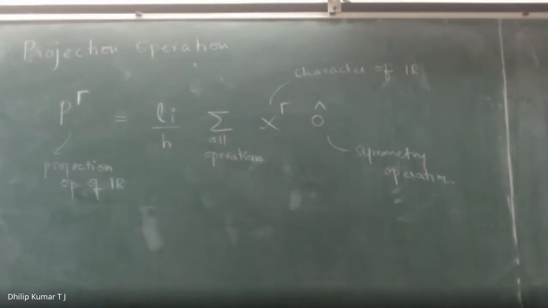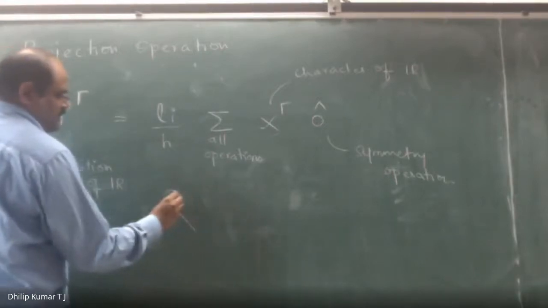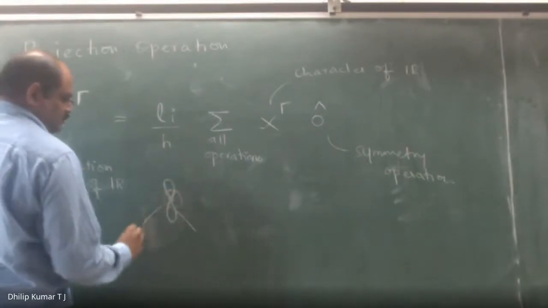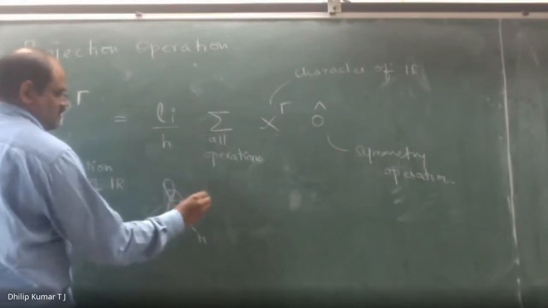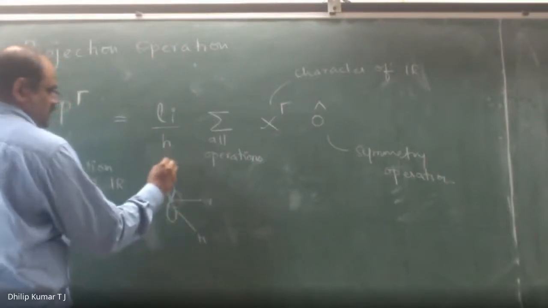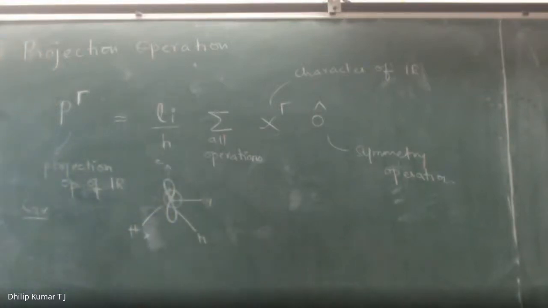So let's do it for C2V itself, simpler. Say we have a water molecule with, say, one orbital. So this is Y, this is Z, this is X. Okay, you have this one.